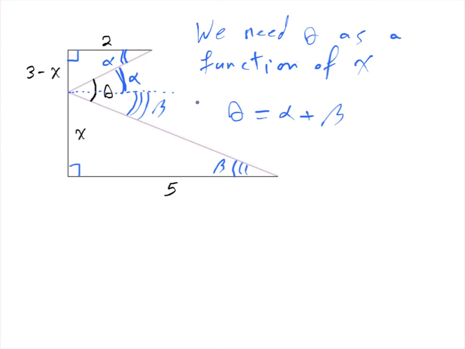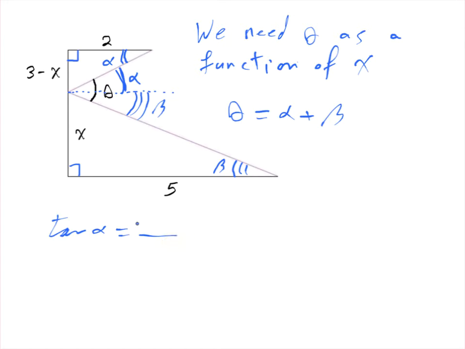Why do we do this? Because in this right triangle, I know two sides, labeled as some variable or some constant. So those two, the 2 and the 3 minus x, relate to alpha through trigonometry, and in this case tangent. Tangent of alpha is the opposite over adjacent.